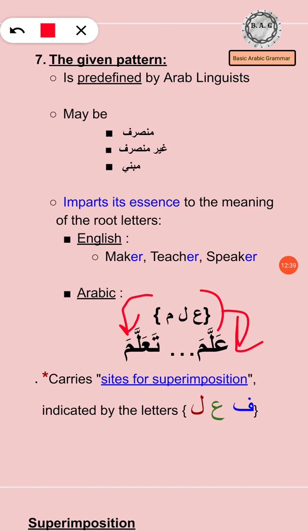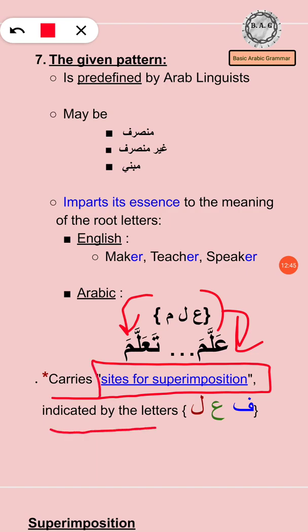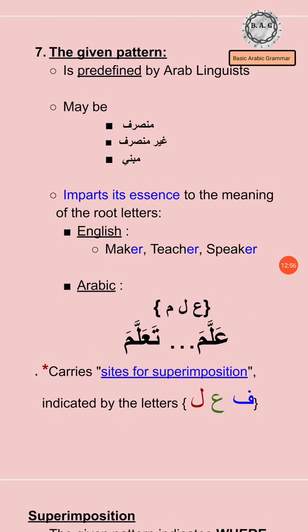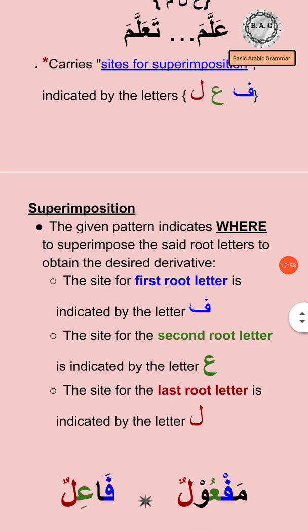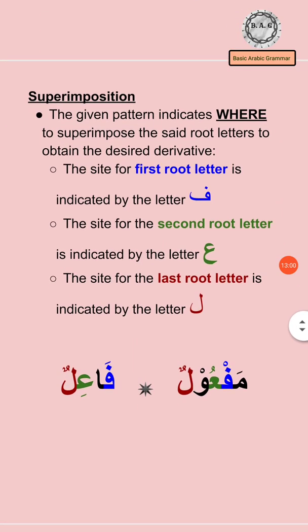Final point: the given pattern carries sites for superimposition, indicated by the letters fa, ain and lam, or simply fa'ala. Fa'ala are the letters that indicate where to superimpose the root letters. Let's elaborate.